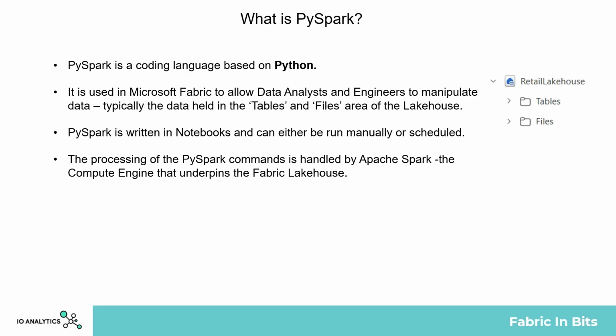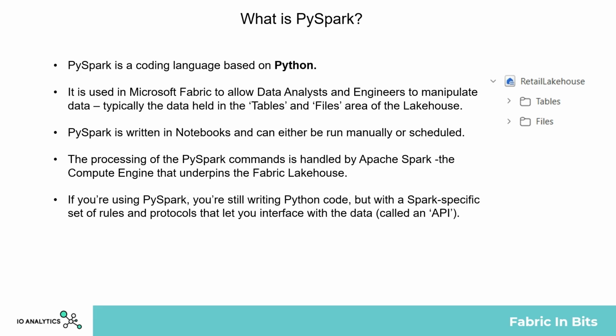And the Apache Spark compute engine is the processing engine that's running that code for you. So in a database management system like Oracle or SQL Server, it's the DBMS that does that for you. In Microsoft Fabric, it's the Spark compute engine that's running that code.